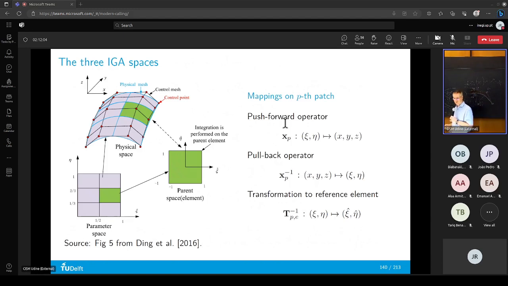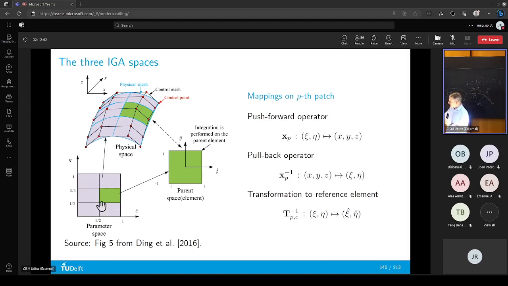So we have not two, but three spaces. This is the patch space. These nice B-splines, univariate, bivariate, trivariate that we talked about. This is the physical space, where you want to solve your problem. This is, let's say, xi eta. This is xy. And that's why I asked you, what type of functions do we have in a spline space? Piecewise polynomial. We cannot integrate over this entire thing because this is not a polynomial over this entire thing, but only over what they sometimes call the parent element.